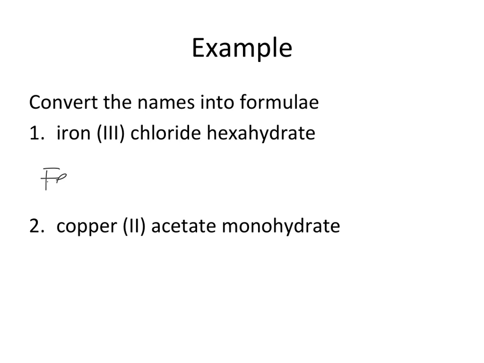I have Fe and Cl. Now I know my charge of Fe comes from this Roman numeral, so it's going to be 3 plus. And because chlorine is in group 7, this is going to be 1 minus. So I cross, and I get FeCl3. Now hexa is 6, so I'm going to use the center dot to separate the two, and I'll have 6H2O. And that's all there is.